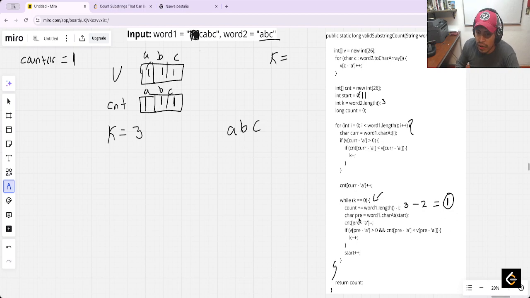Okay. Now char pre is equal to word.charAt at index 2: 0, 1, 2. Here the counter in this letter less means that this is removed 1.